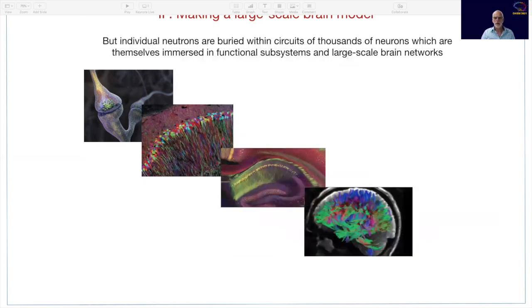But individual neurons, I shouldn't say neutrons, neurons, are buried within circuits of thousands of neurons, which are themselves immersed in functional subsystems and large-scale brain networks. So there's this hierarchy of scale, and we certainly wouldn't try and model the whole brain by modeling individual neurons.